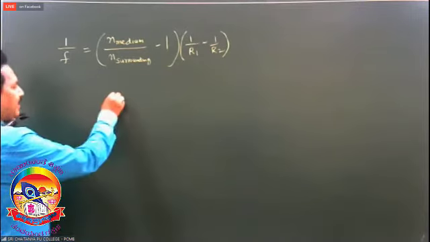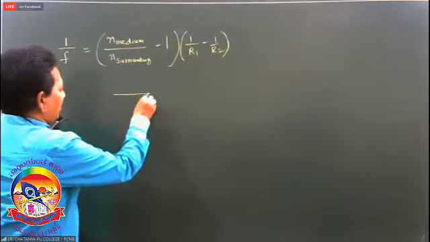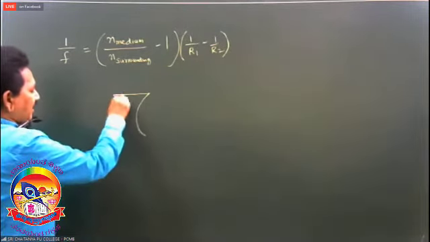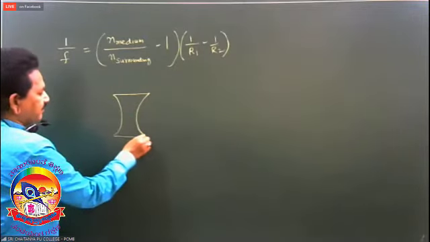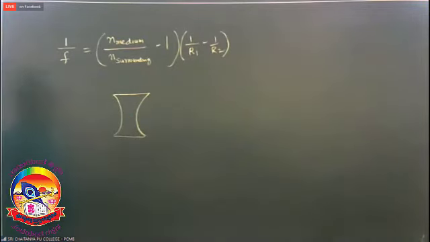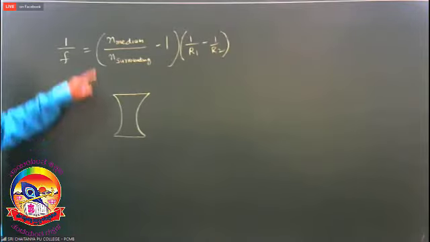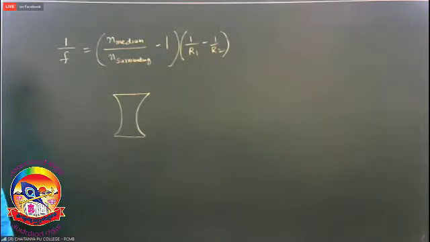Now apply this lens maker formula in case of a concave lens, the biconcave lens. Previously, we discussed how to apply this formula in case of a convex lens.